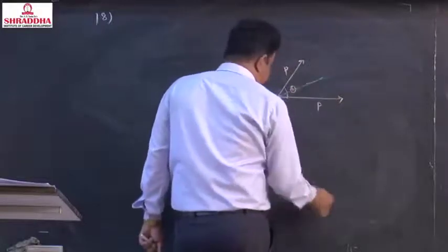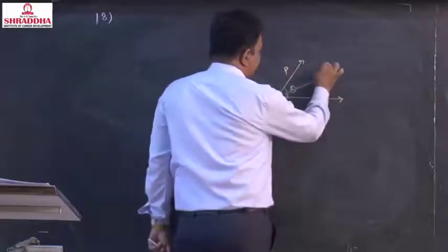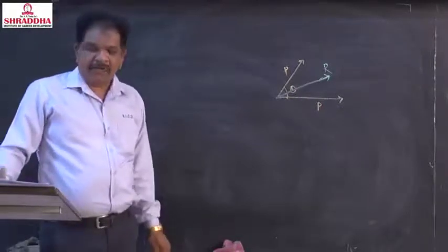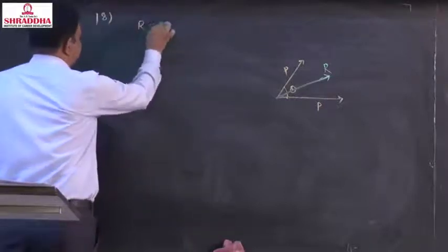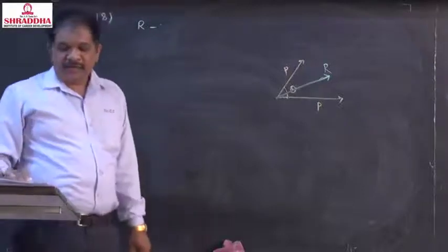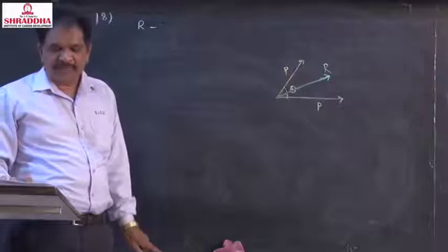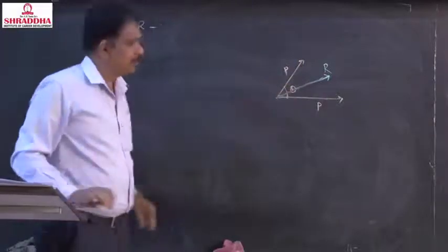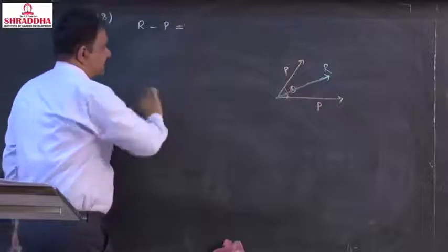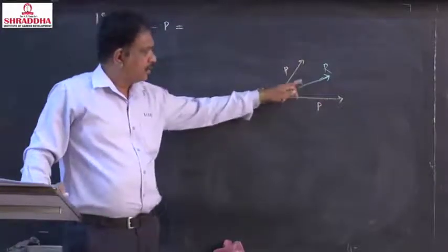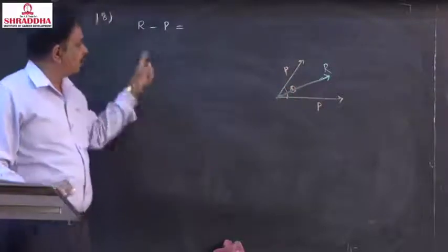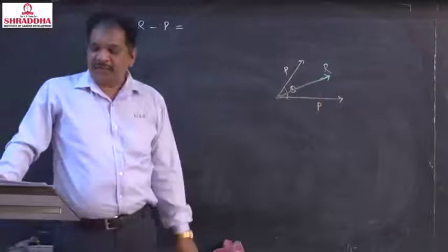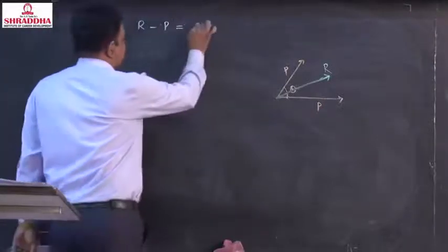Let the magnitude of the resultant be R. The difference in the magnitude of the resultant and magnitude of either of the vectors, both are equal vectors so we can use any one, is equal to 0.732 times either of the magnitude of the vectors.